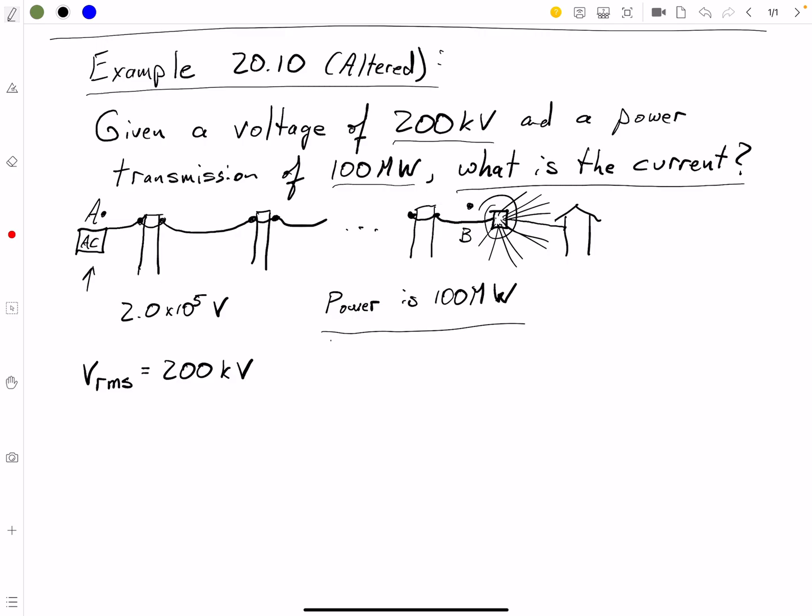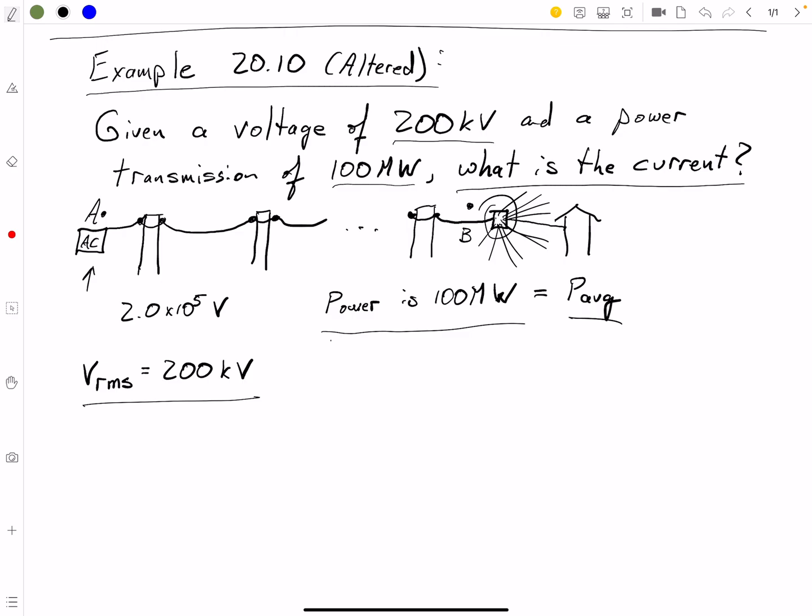The power transmitted is this 100 megawatts, but that is also equal to our average power, not the maximum power. Unless they say maximum power, it's the average power. So VRMS and average power if they don't say anything else.